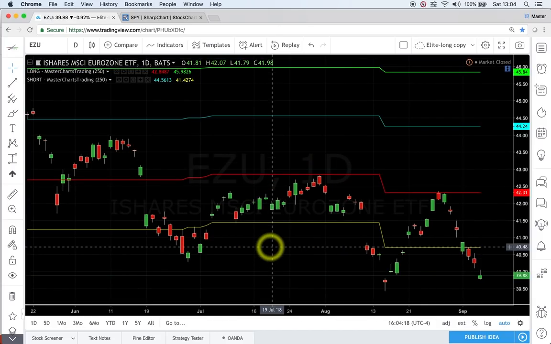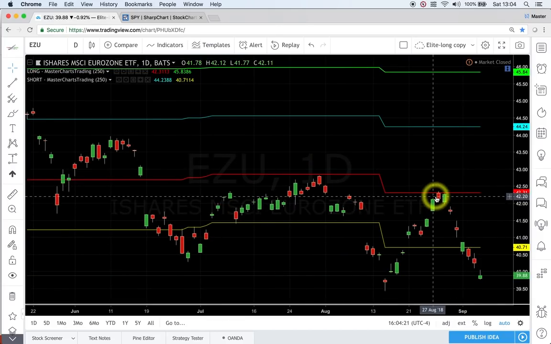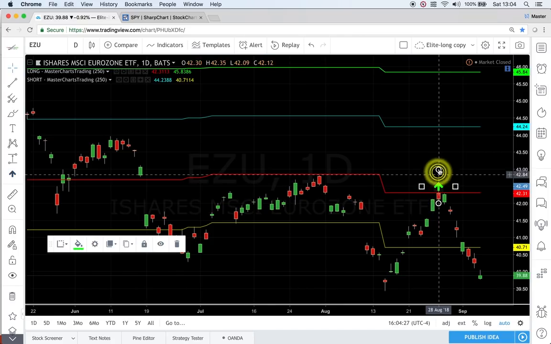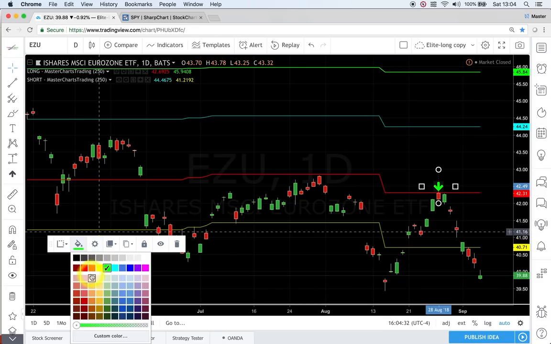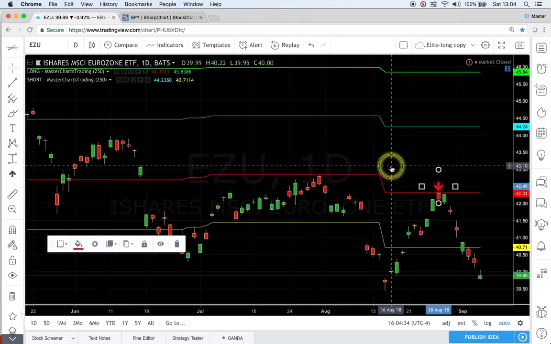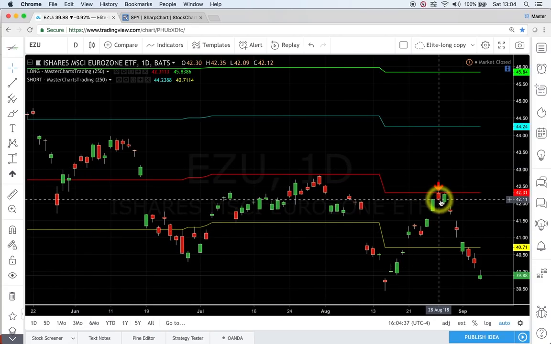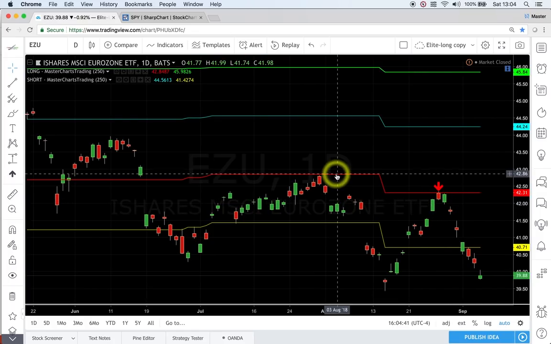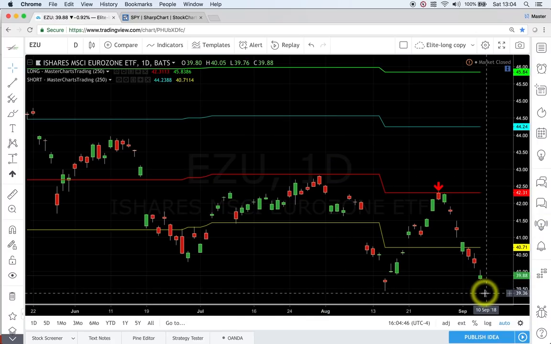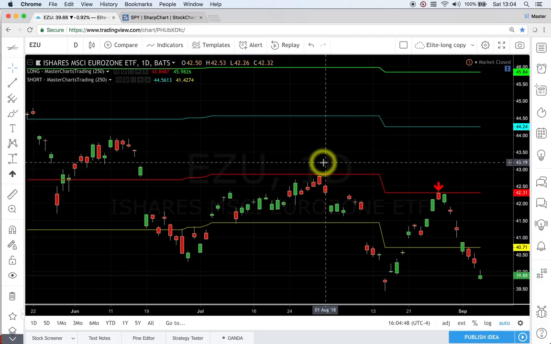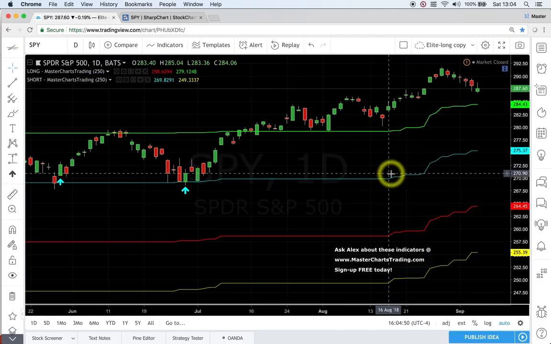But EZU actually kind of looks even better because, for example, right there on August 28th, 2018, if you are sophisticated enough to trade stocks both on the upside and the downside, then this would have been a good opportunity to short, in my opinion. So Europe marching towards fresh lows, and United States stocks are marching higher and higher.